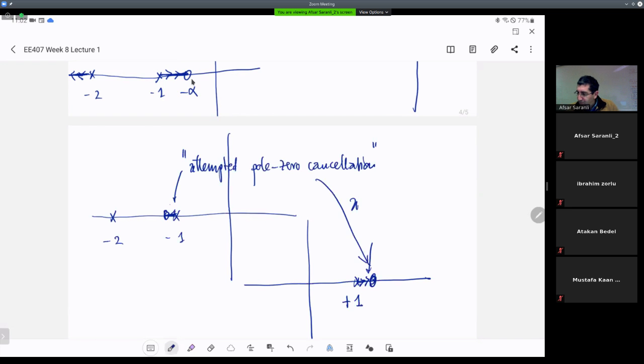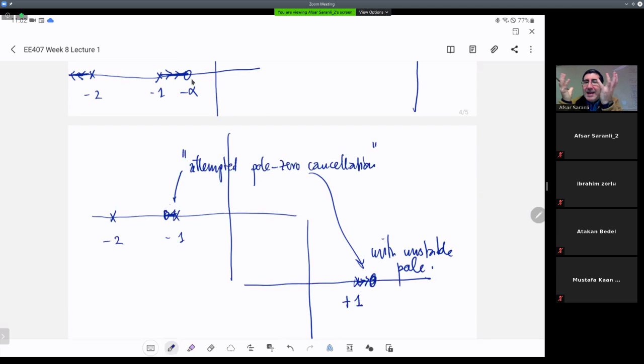Again, attempted pole zero cancellation, attempted with unstable pole. Yani unstable bir pole'u unstable bir zero ile cancel etmeye çalışmak root locus açısından baktığımızda böyle faydasız bir şey. Çünkü en ufak bir matematiksel sapma ikisinden birinde bütün root locus'u unstable bölgeye sıkıştırmış oluyor.